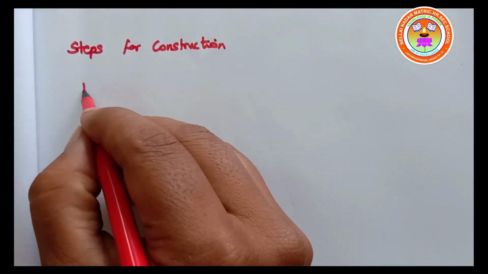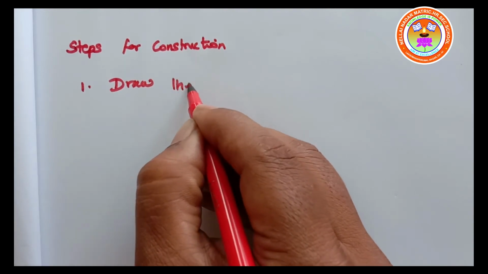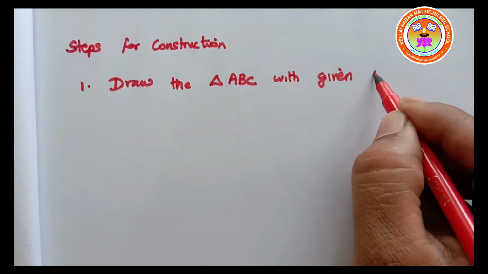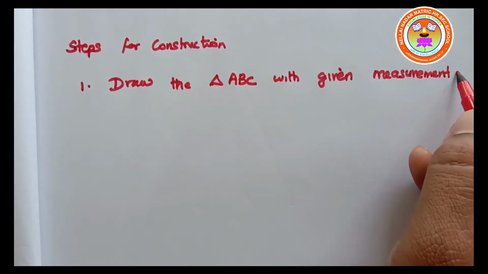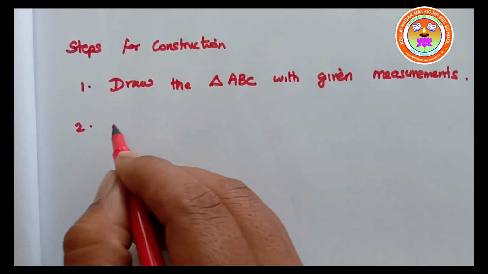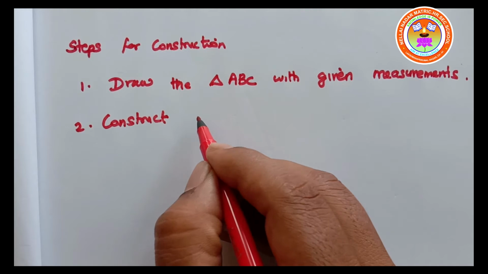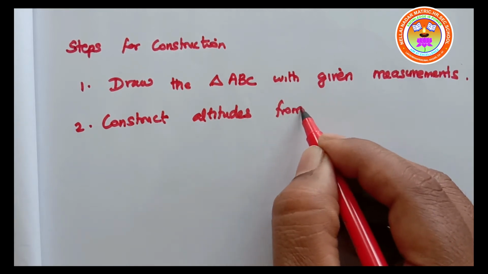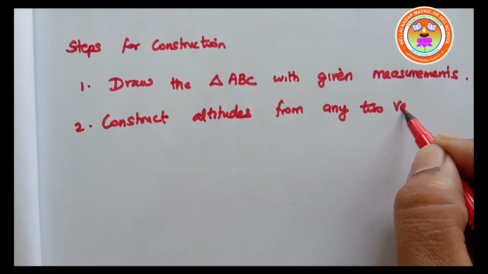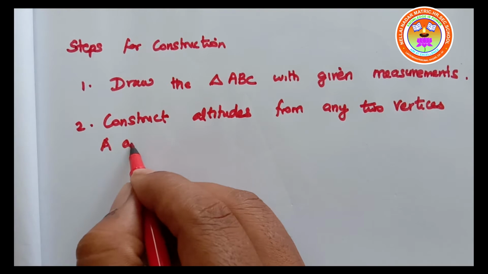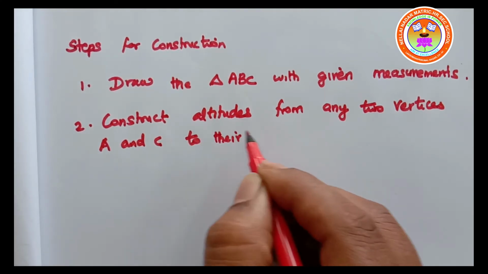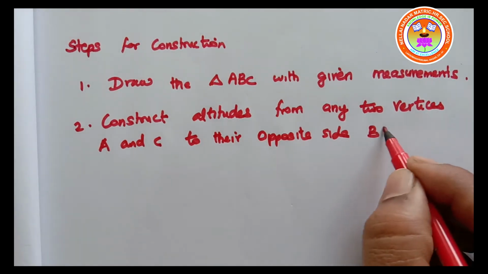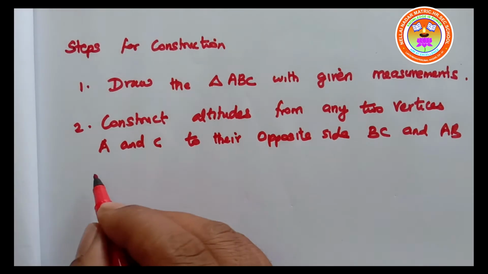First step, draw the triangle ABC with given measurements. Second, construct altitudes from any two vertices A and C to the opposite sides BC and AB respectively.